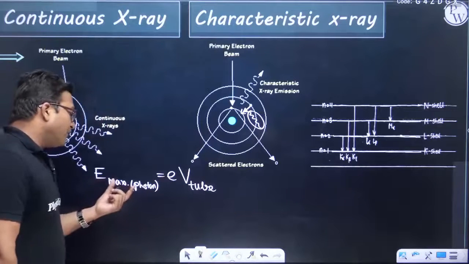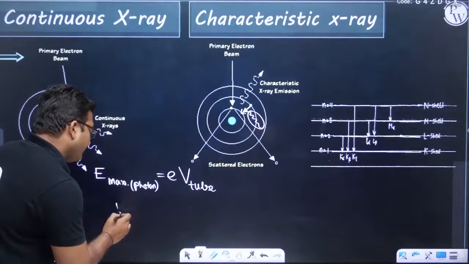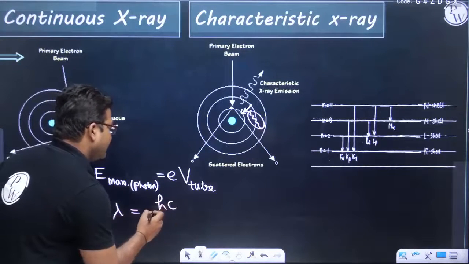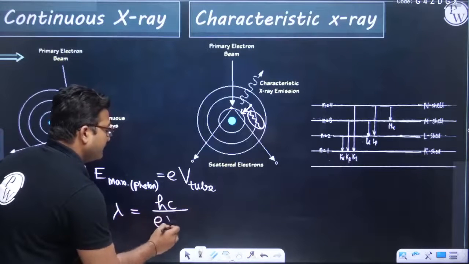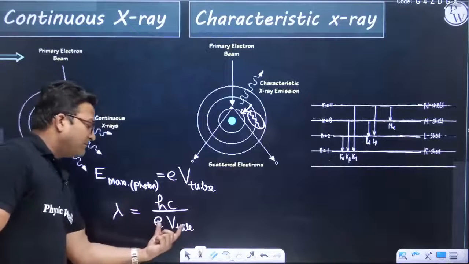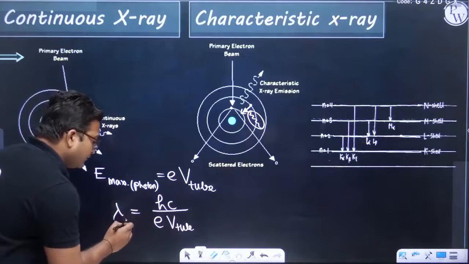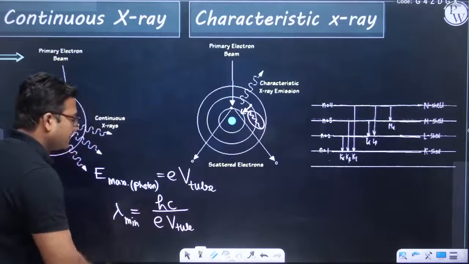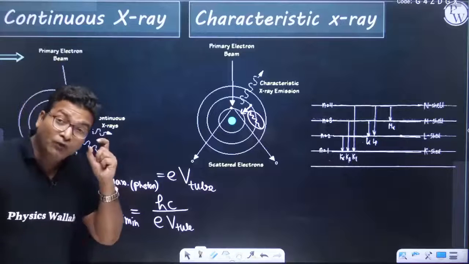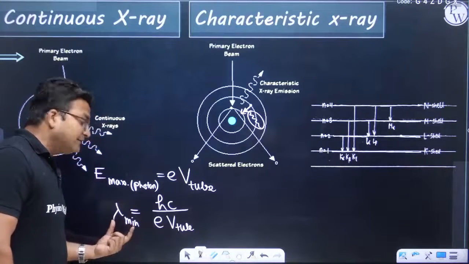As you know, the photon's energy is written as hc by lambda. We can write the wavelength equals hc divided by eV tube. As this is the maximum energy, this corresponds to the minimum wavelength. This is also called the cutoff wavelength, and we get no X-ray photon whose wavelength is less than this.